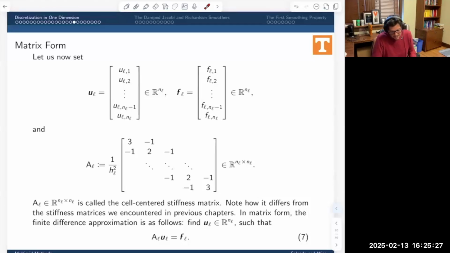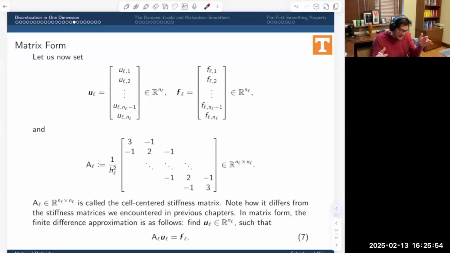It looks a lot like the standard stiffness matrix, especially for the finite difference case that we developed in chapter 3, except it has this weird 3 here and here.